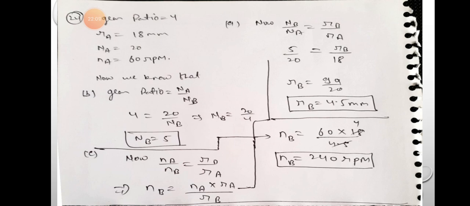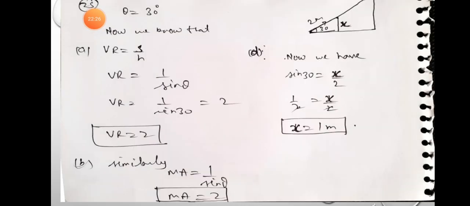So your NB will be equal to, on solving, 240 RPM. I think in this numerical there are basic calculations, so I think you will find it easy to understand. Now move to the question number 25. This question basically belongs to inclined plane.